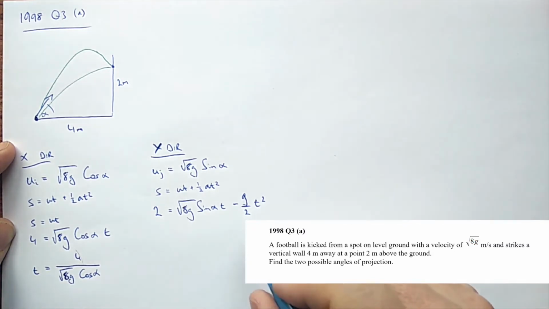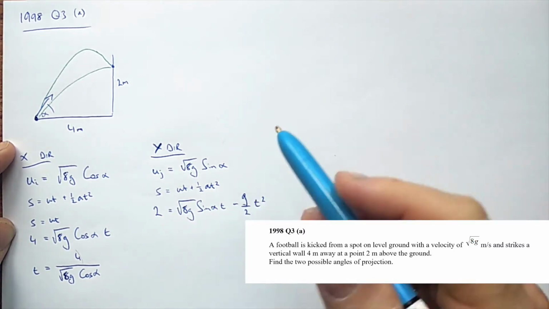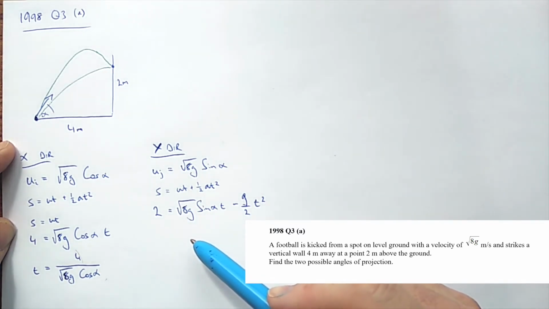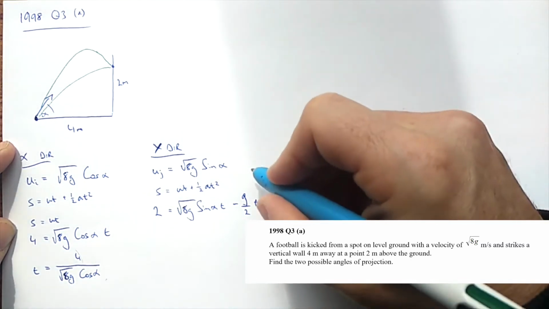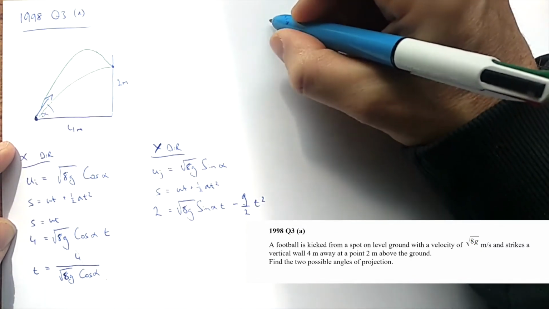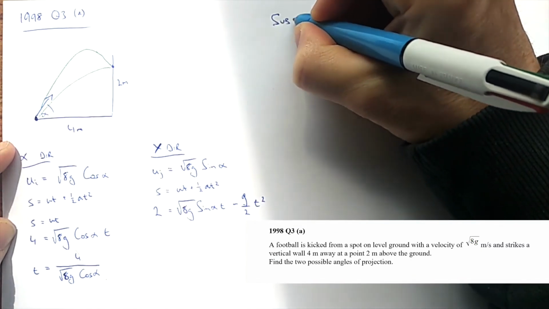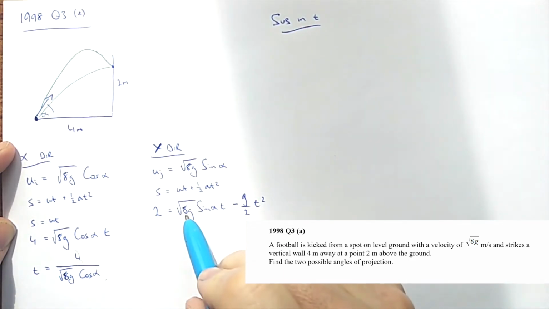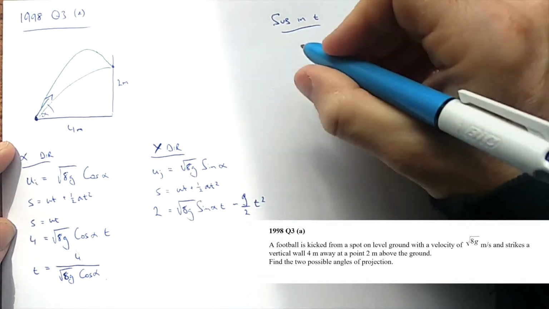Okay, so now sometimes you can equate these two equations. In this case, looking at it, it's going to be much easier to sub it in. So that's the way I'm going to go on this one here. So we'll just come up to the top here and we'll sub in t. And that t is going in there. It's going to get ugly before it gets good.